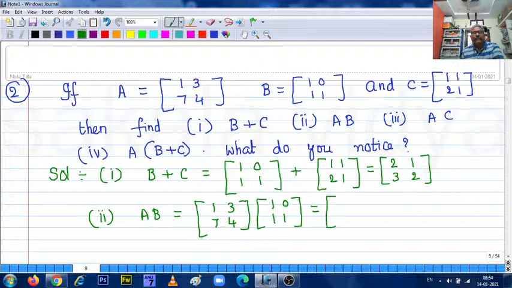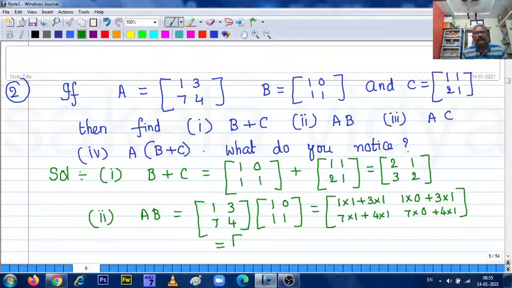Okay, so now R1 C1: 1 into 1 plus 3 into 1, 1 into 0 plus 3 into 1, 7 into 1 plus 4 into 1, 7 into 0 plus 4 into 1.